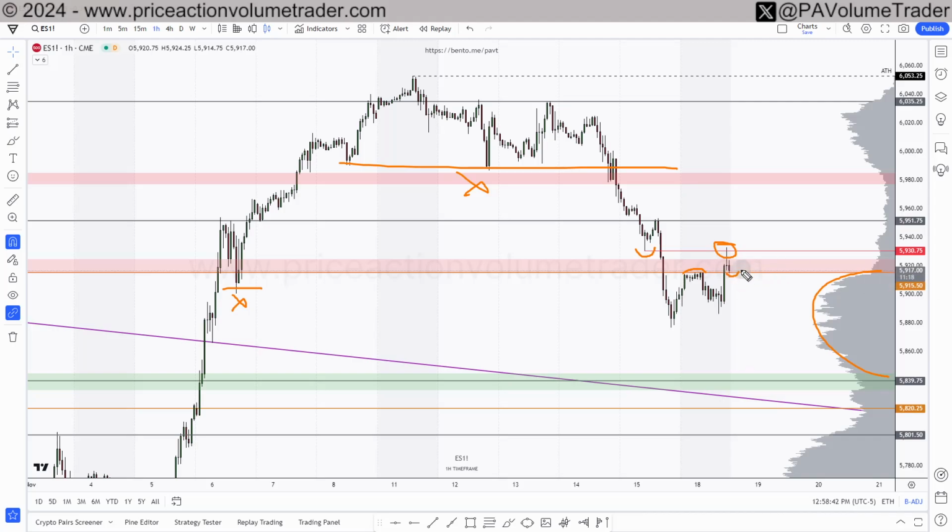So it's going to be very interesting how this day closes. If we close back within the high volume node, or if we're able to maintain above this level for potentially a trip back into this one.